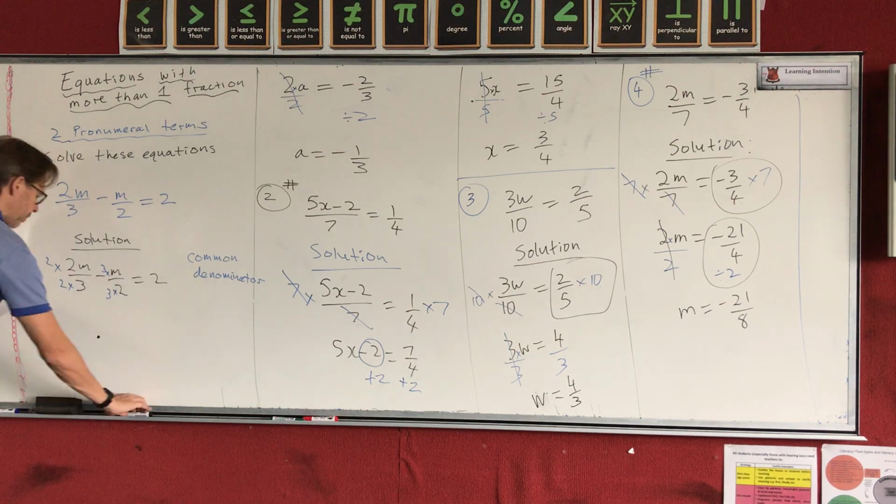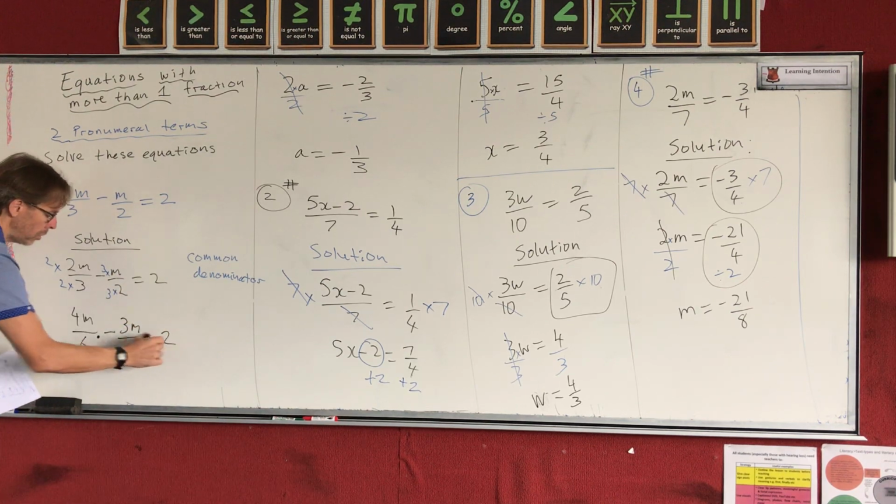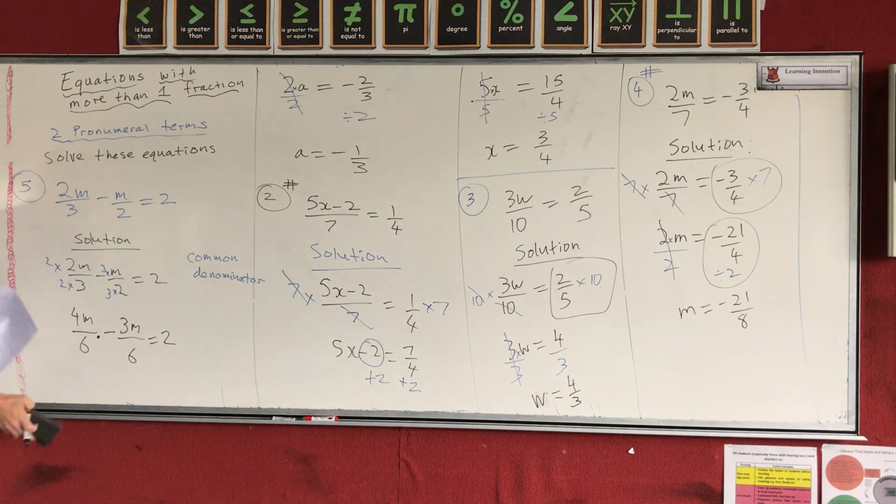That will give me 4m, so 2 times 2m is 4m, 2 3s is 6, minus 3 times m is 3m, 3 times 2 is 6, equals 2. Notice the denominator is common, that's what we want.